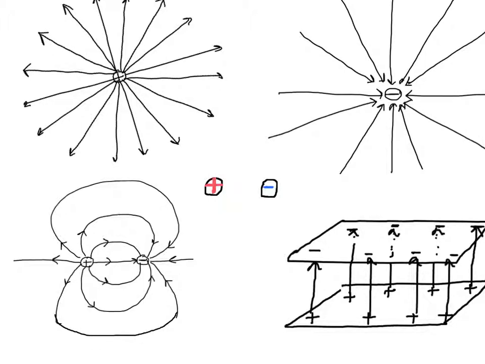So if I take a positive charge and put it here, and take a negative charge and put it here, what's going to happen?